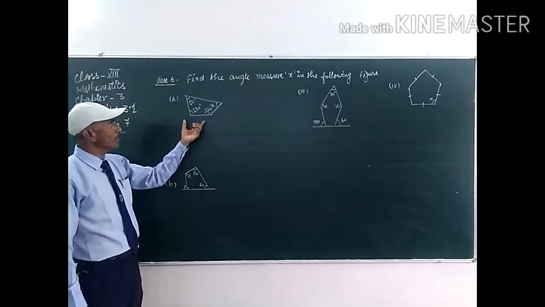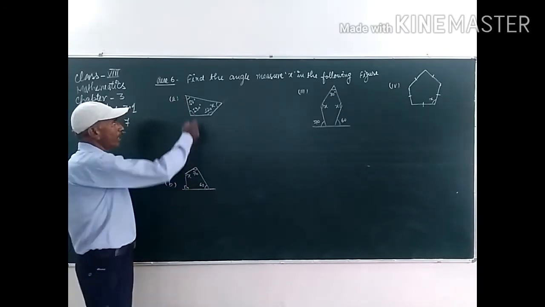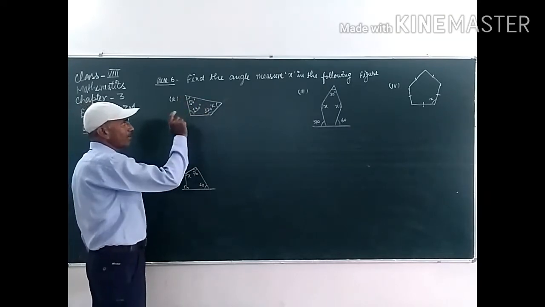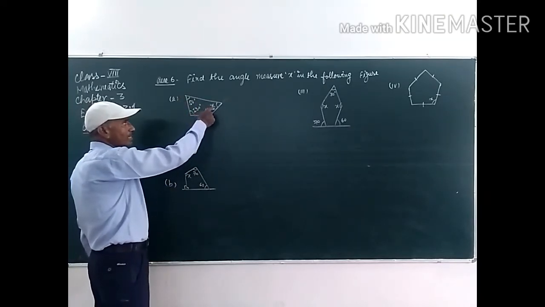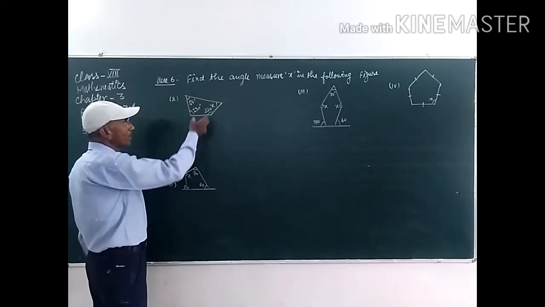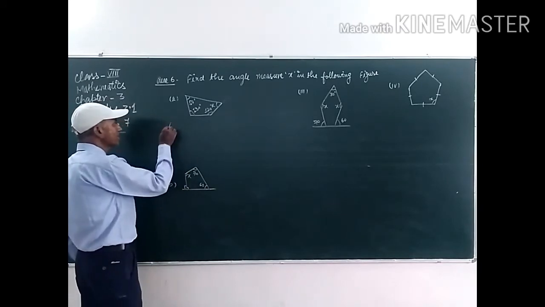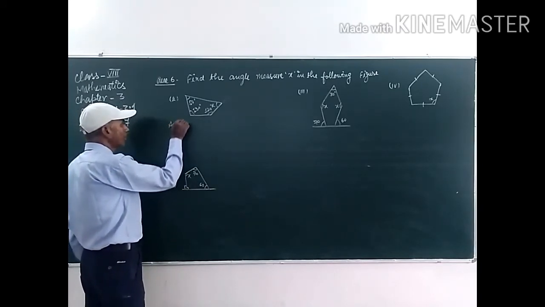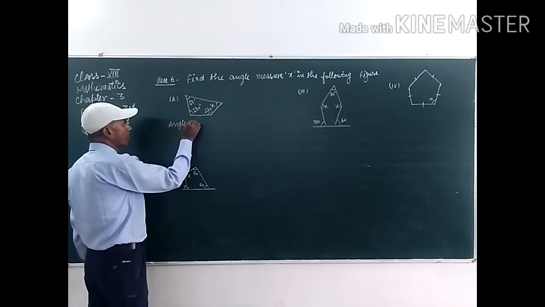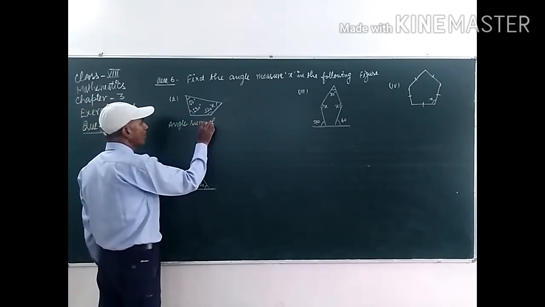So in the first figure it is a quadrilateral, student, and all the angles are given. This angle is x. So first of all we have to find the angle sum property of a quadrilateral.